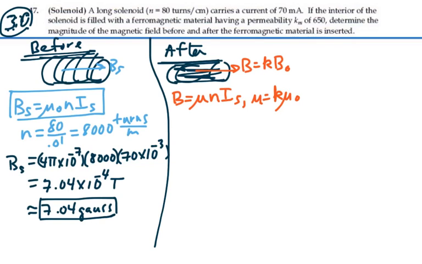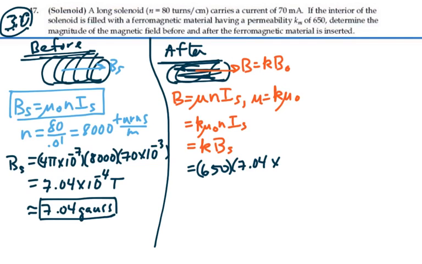So this is going to be equal to K times mu naught times little n times the current through the solenoid, which we can write as K times our original magnetic field, which will be 650 times the 7.04 times 10 to the minus 4 Tesla, and that's equal to 0.457 Tesla.